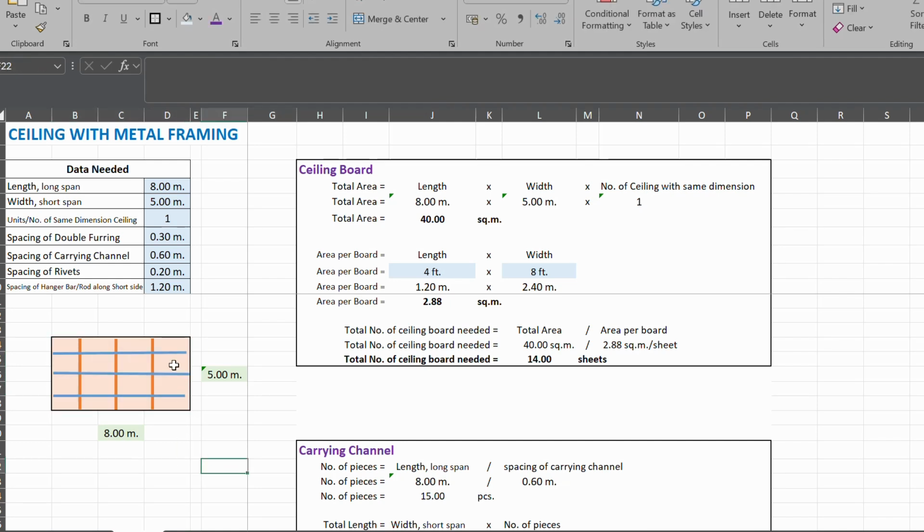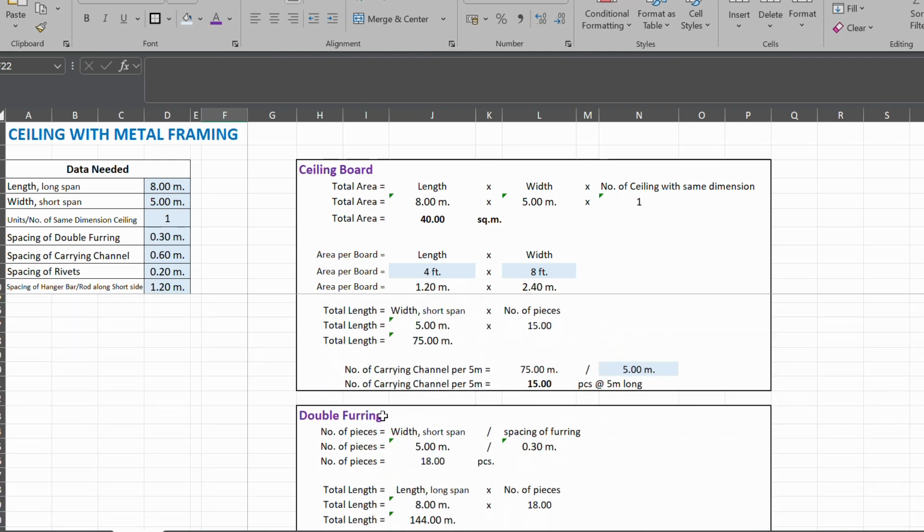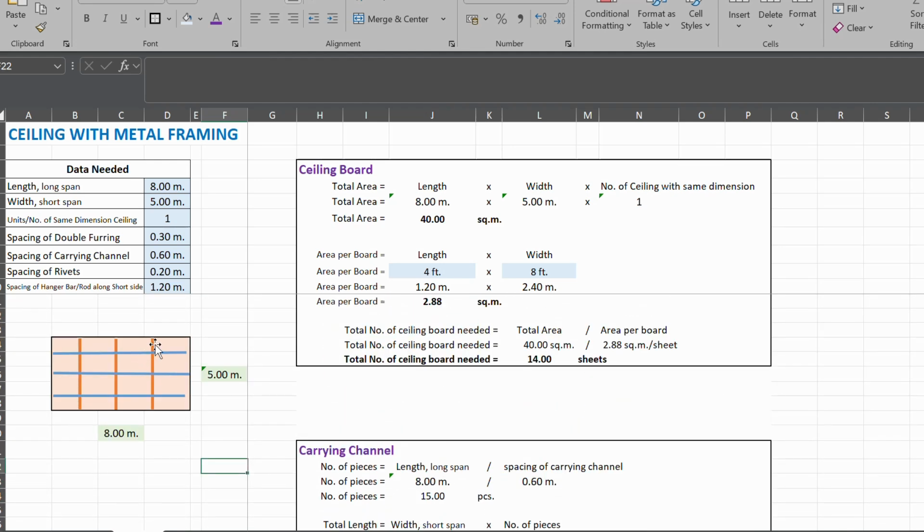So the carrying channel should be placed parallel to the short span. Why? Because it's stronger that way. In Tagalog, mas matibay, so it is stronger if it is along the short span, right?